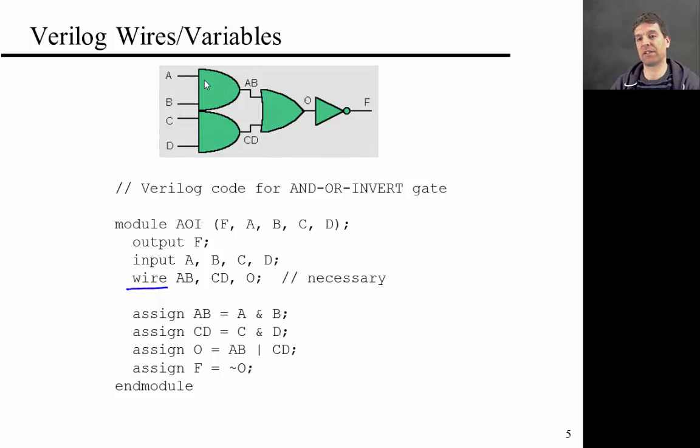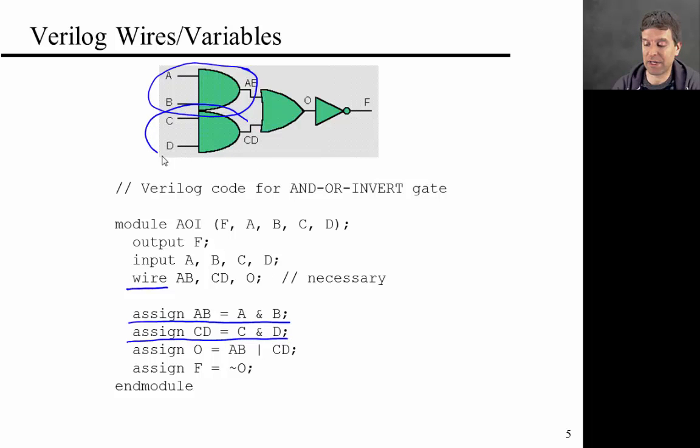So here I've taken this previously more compact function and I'm breaking it apart into its components. I'm defining this first block here, so assign AB is A and B, that's of course this module up here. Assign CD is C and D, that's this part down here.